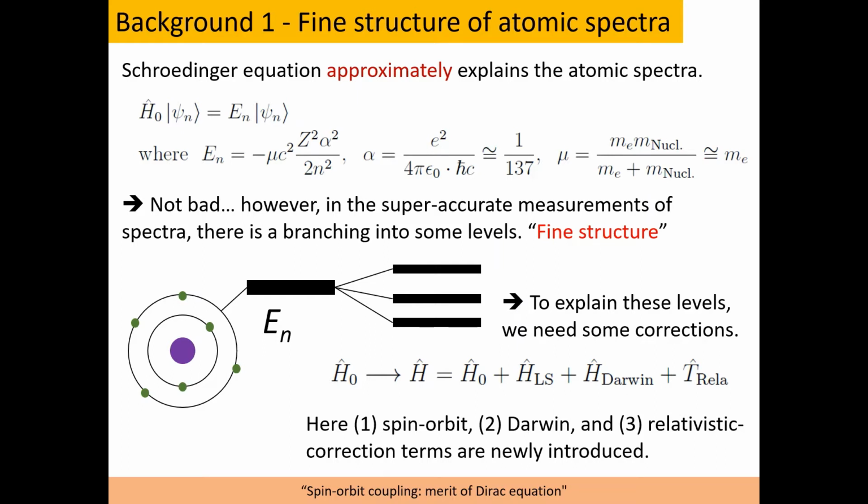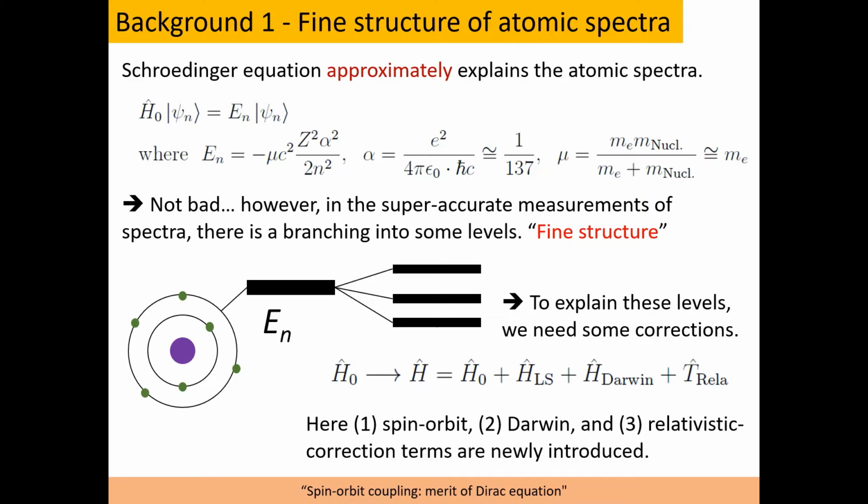And this equation approximately explains the atomic spectra, which is well known as this E_n, and here E_n includes some symbolic quantities in atomic physics, that is the fine structure constant and the electron mass. And this result is not bad.